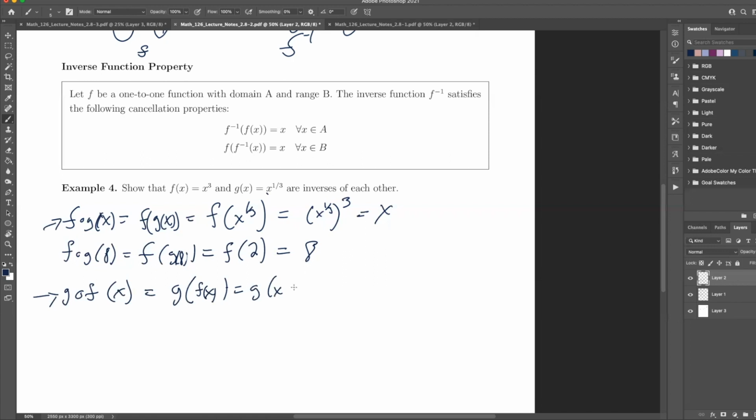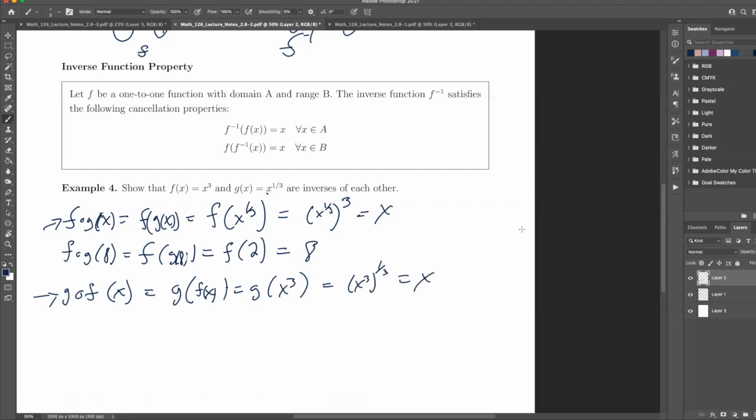All right, and then we have f of x, so that'll be x cubed. There we go. And so this will equal x cubed to the 1/3 power. And that's equal to x. Okay.